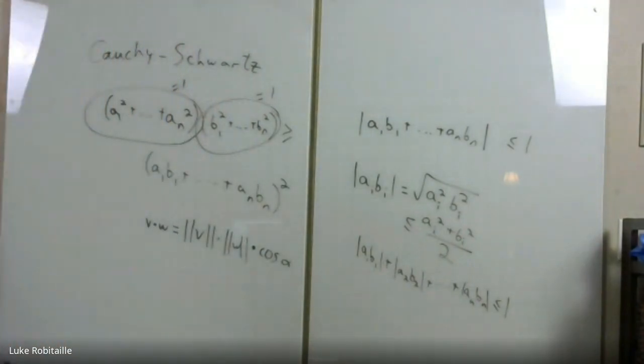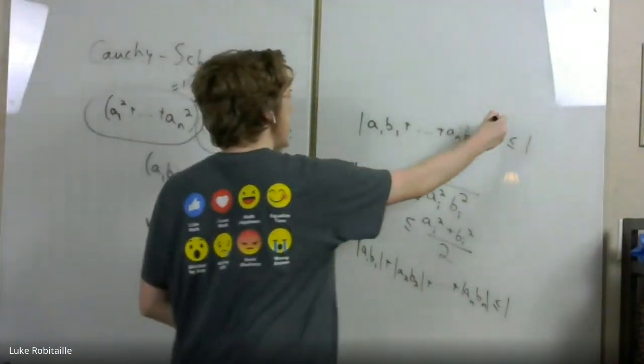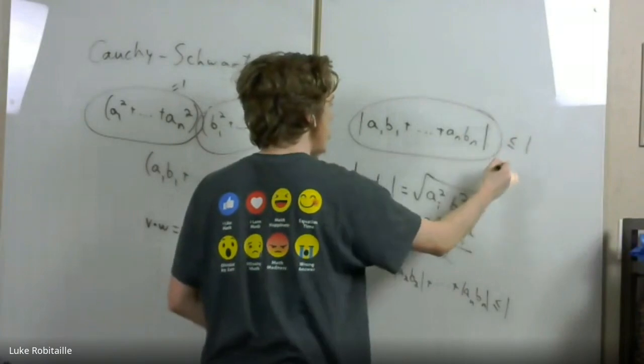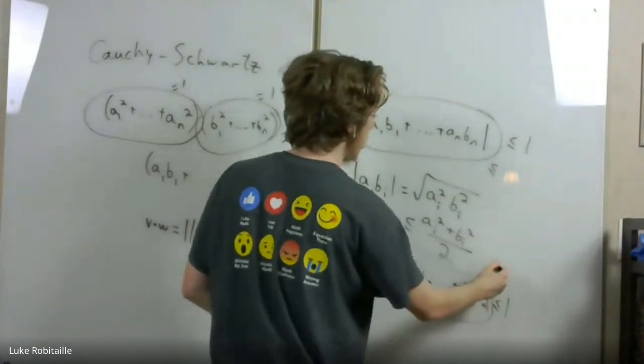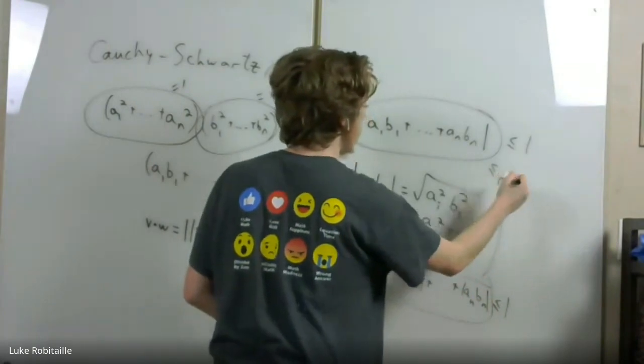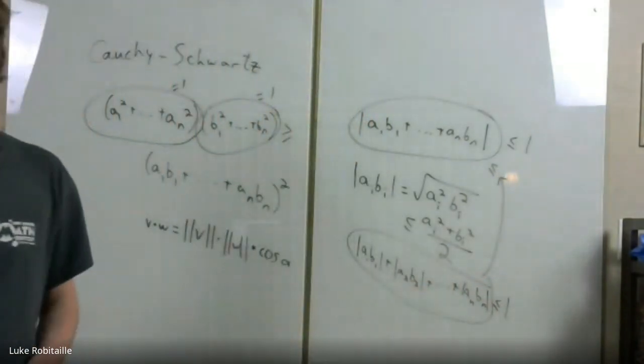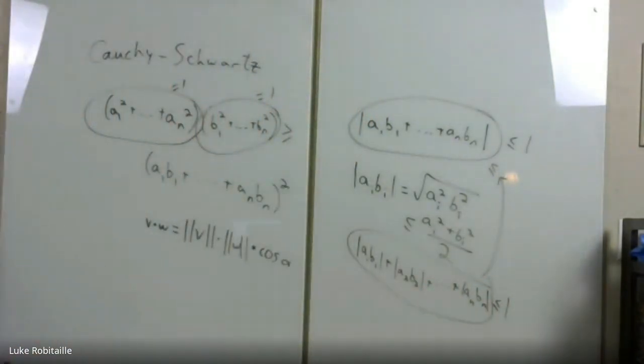And then this big thing is less than or equal to this. This is the triangle inequality, which is not very interesting for real numbers: the absolute value of the sum of some things is at most the sum of their absolute values. This is more interesting for complex numbers, but it's still true for real numbers. And so you can prove it that way.